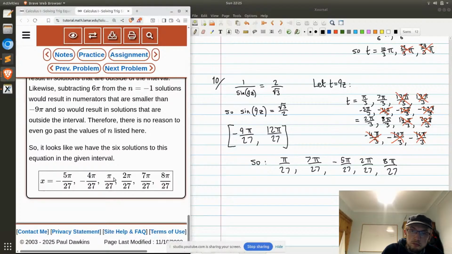Great. That's correct. Wait, no, it isn't. False. We got 2, 7, and 8. But where is 4? How is 4 missing?